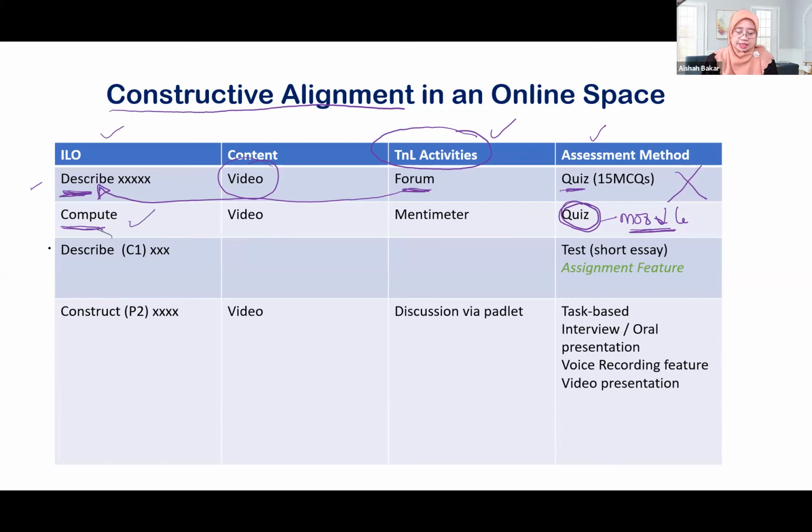This is just an elaboration of the first example that I gave earlier on. You can get students to achieve the intended learning outcome to describe through tests, if you use, for example, the assignment feature in online learning platforms such as Moodle.